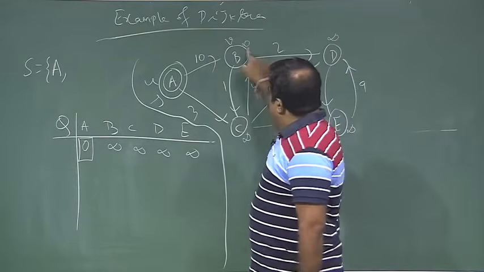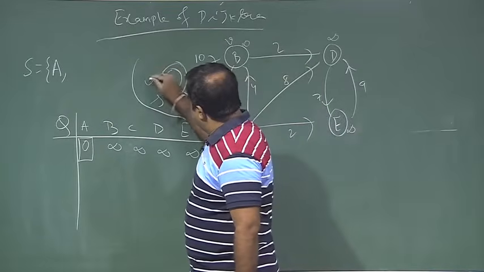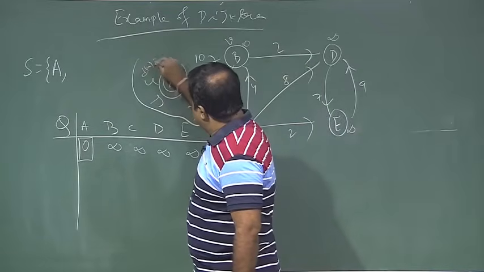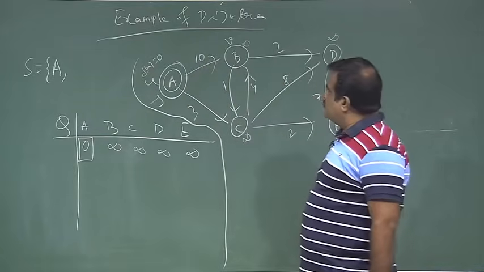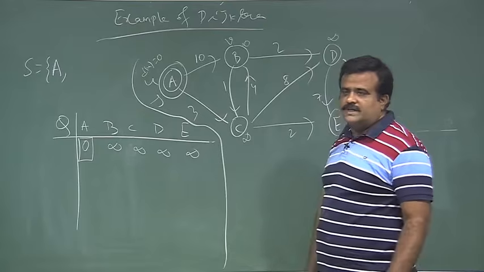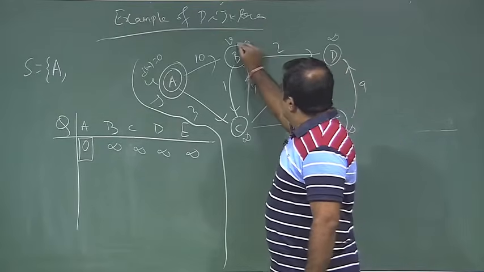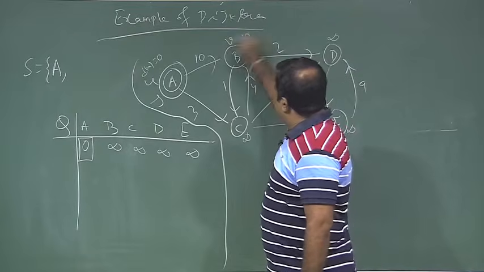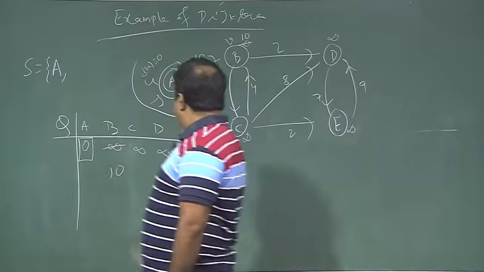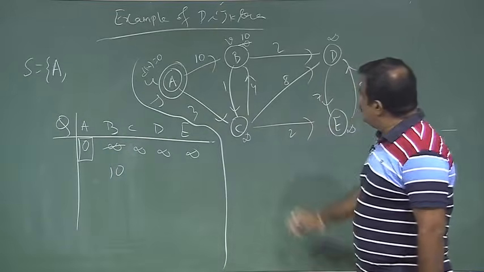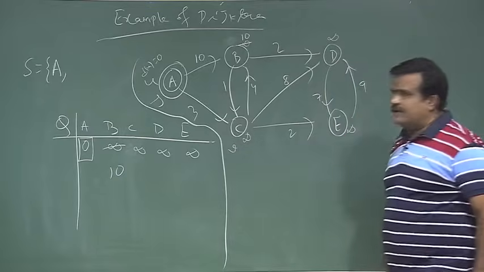Now d of U is 0, so 0 plus w(u, v), which is 10, is 10. So 10 is better than infinity, and we have to decrease the key. This becomes 10 now.